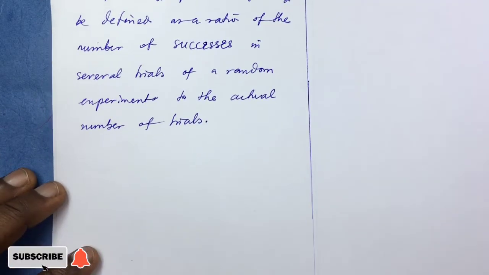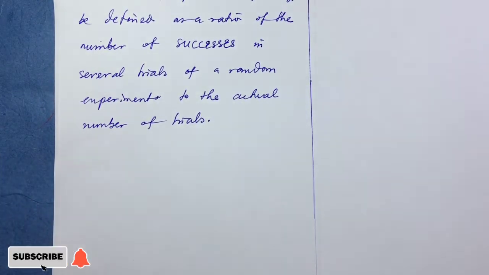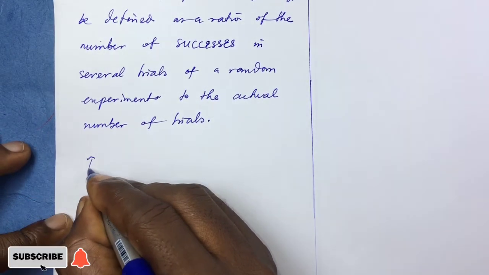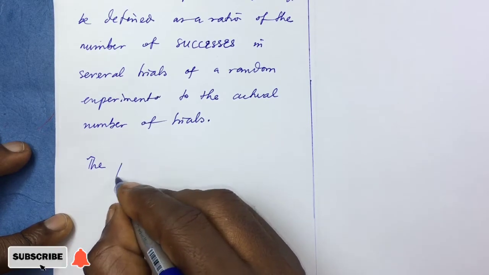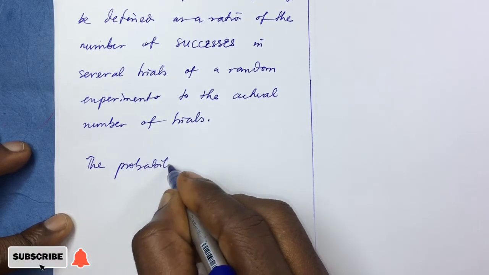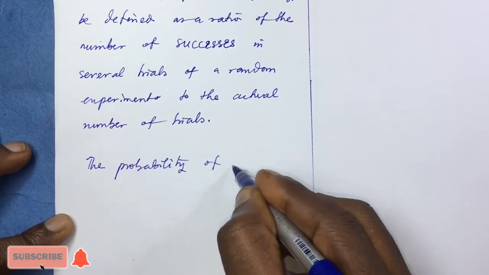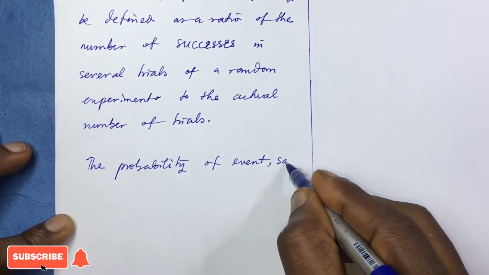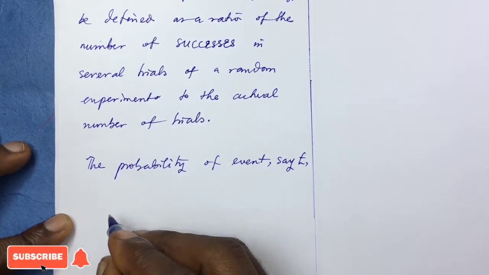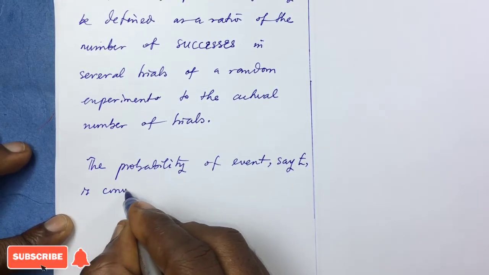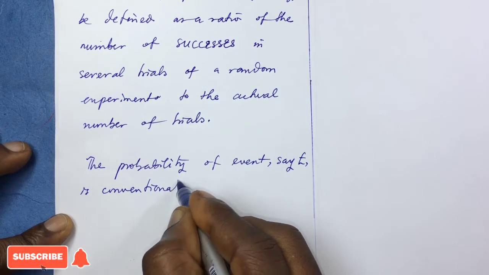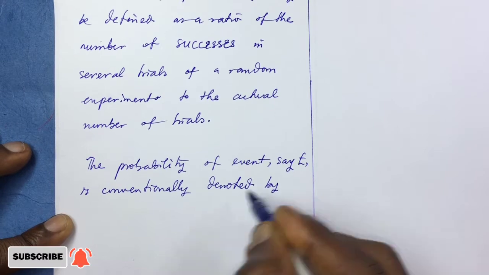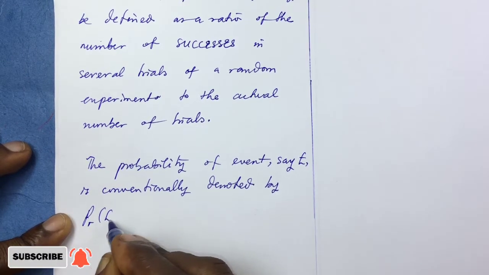Now, for us to make this definition more concrete, let us consider a notation. The probability of an event, say E, is conventionally denoted by PR(E).